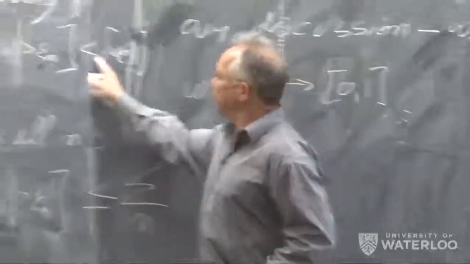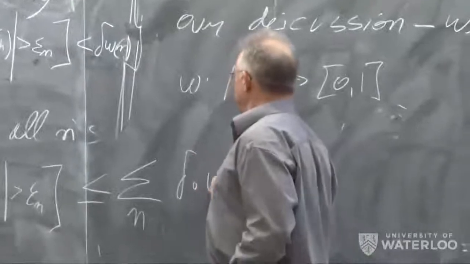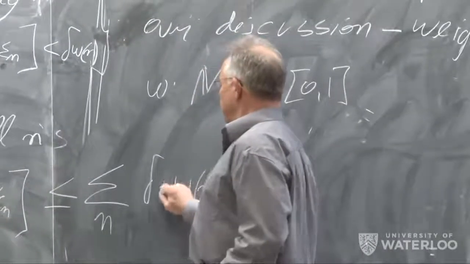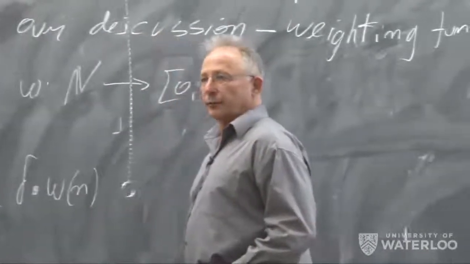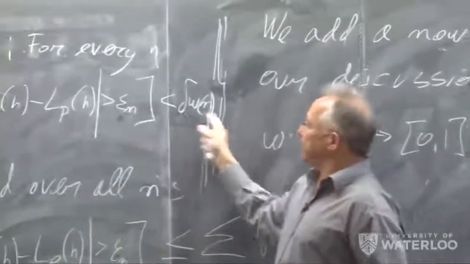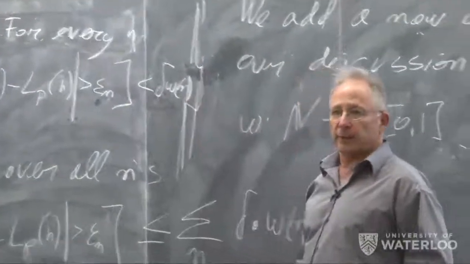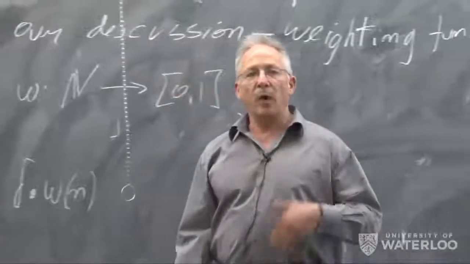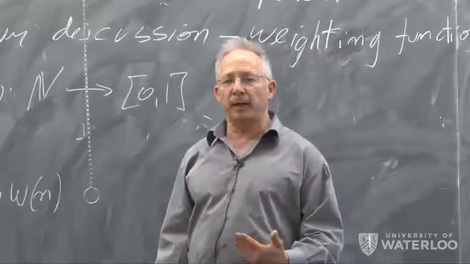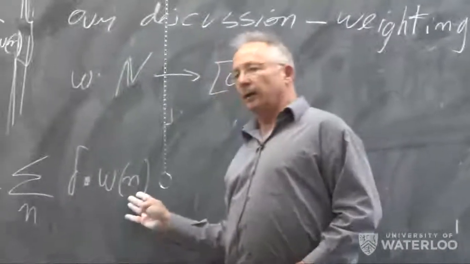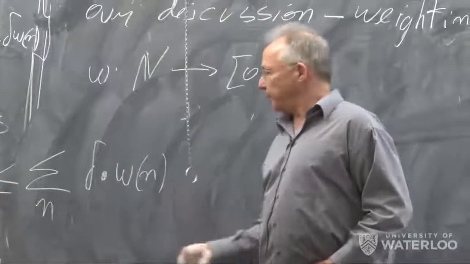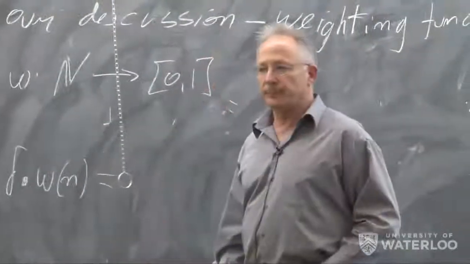So it's the sum over all n of delta times Wn. For every class Hn, this is the probability of failure. So the probability that one of them will fail, by the union bound, is at most the sum of all of those probabilities of failure. But what is this number?